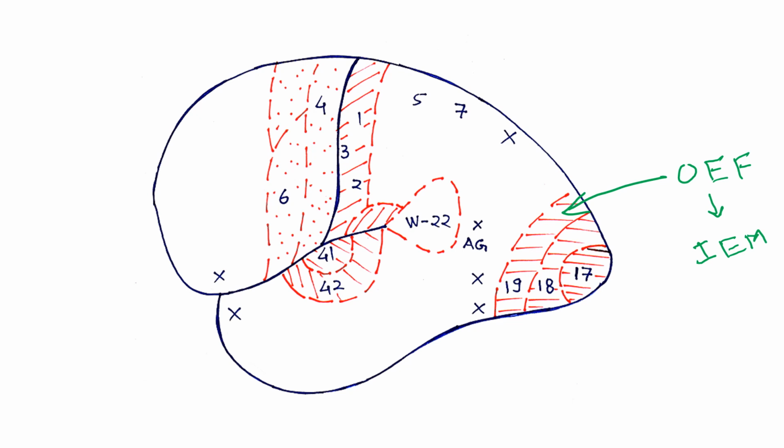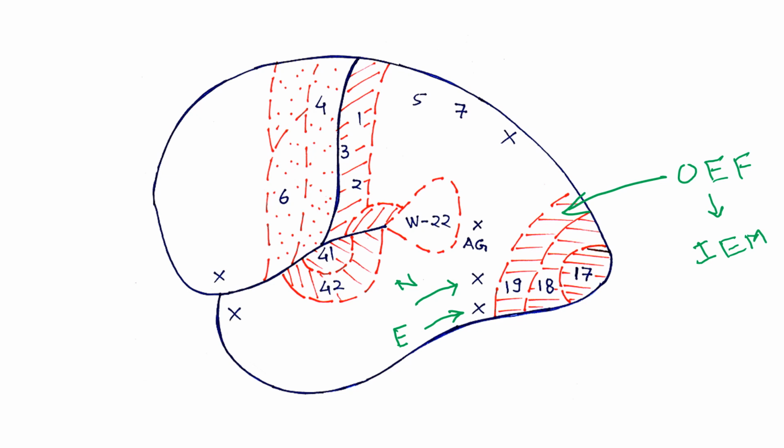Then in front of lower half of area 19, we are having this area, and this is area for naming the object. We remember the object or person's name because of function of this area. And below this area, we are having this area also, and this area is for conscious awareness of equilibrium.